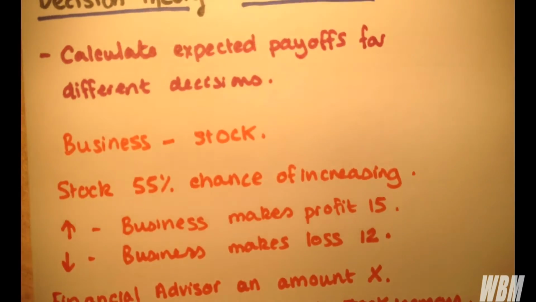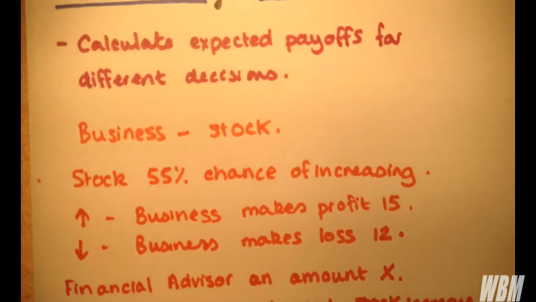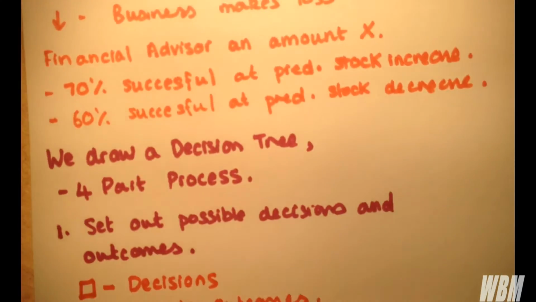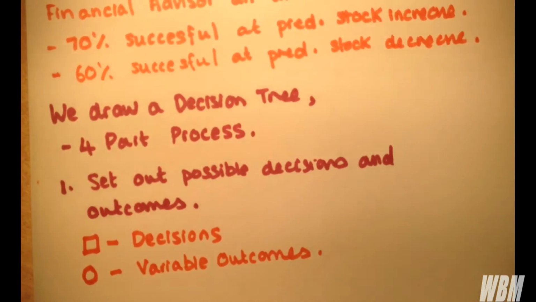Now that we've drawn out and labelled our decision tree, we move on to part 2 of the 4-part process.